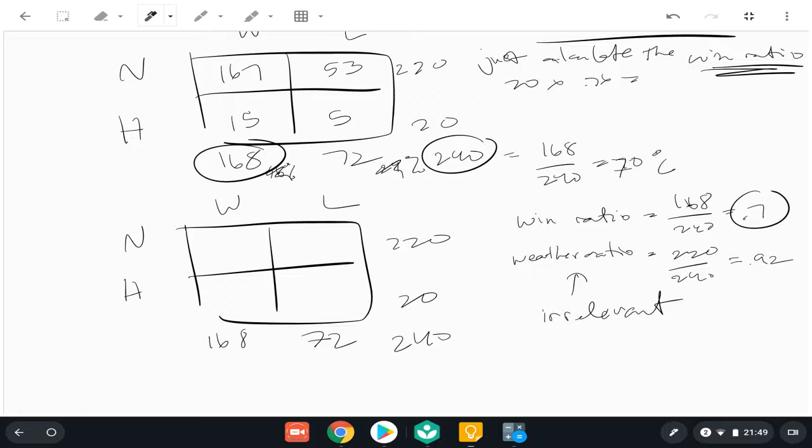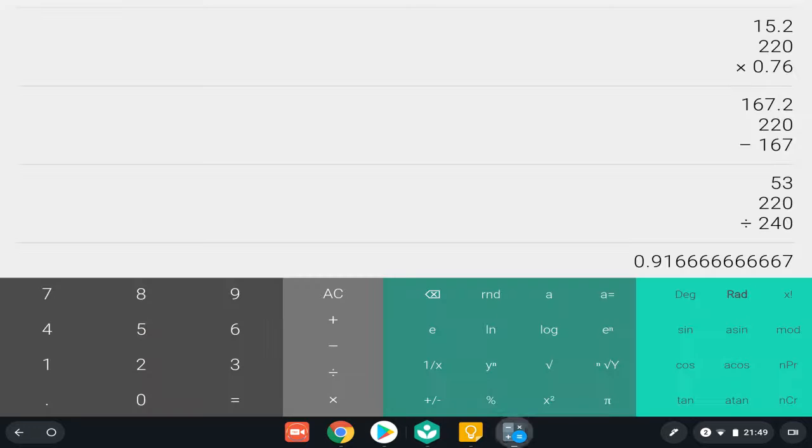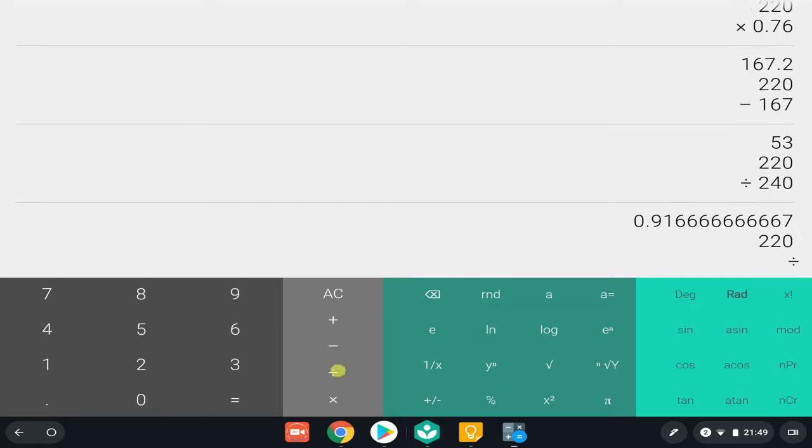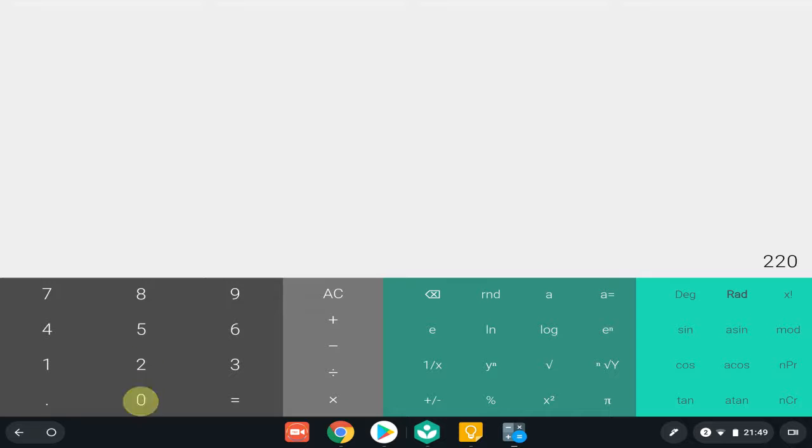So winning will be equal on both sides. So 70% of, so 0.7 times 220 equals 154.